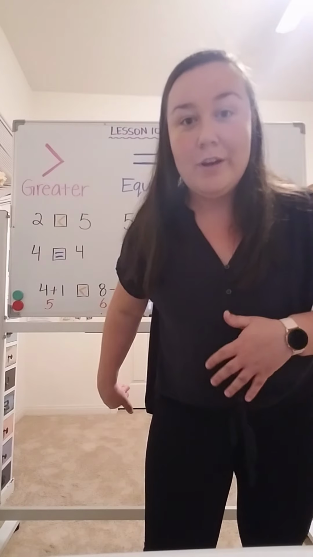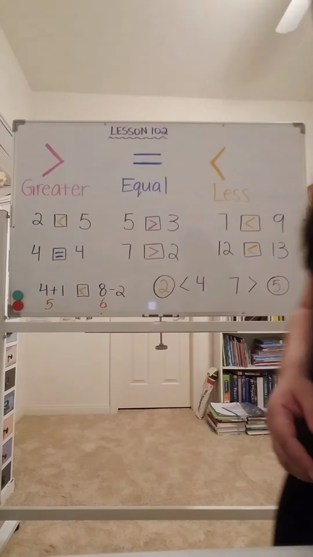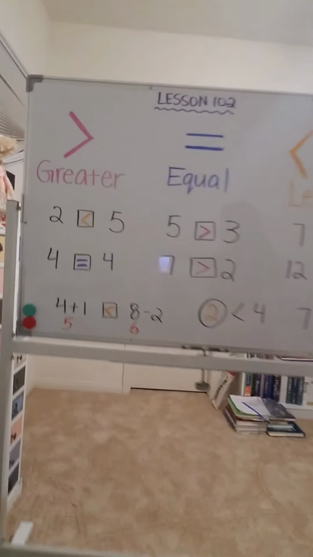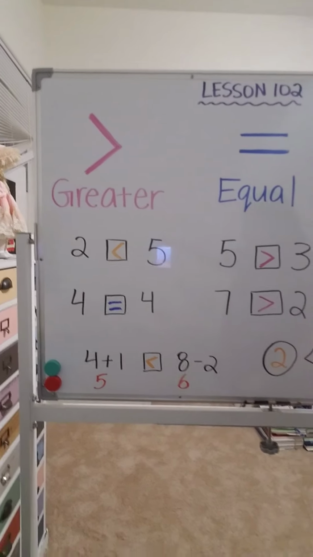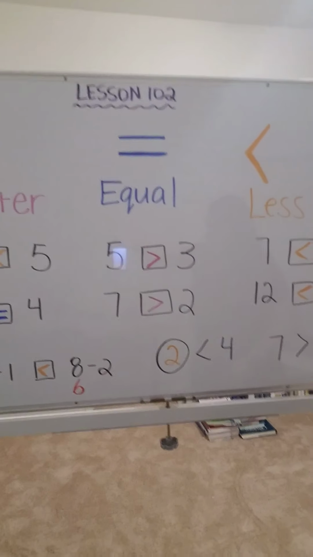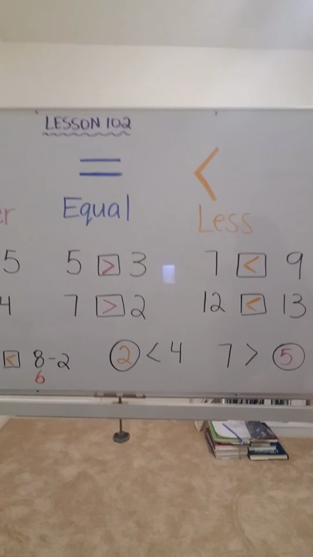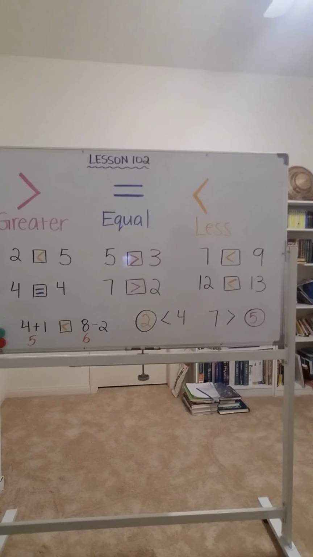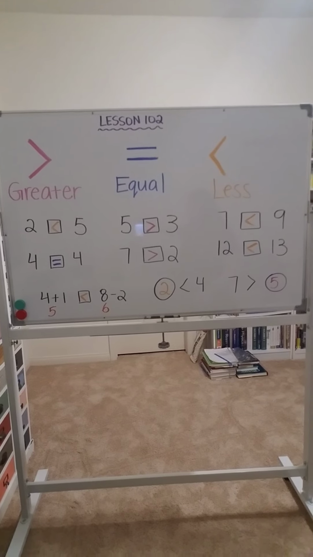So what I'm going to do is zoom onto the board again for you to get a closer look. Okay? Greater symbol, some problems here. Okay? Equal and less. And let me get you a full view of this. You can always pause and copy this if you would like.